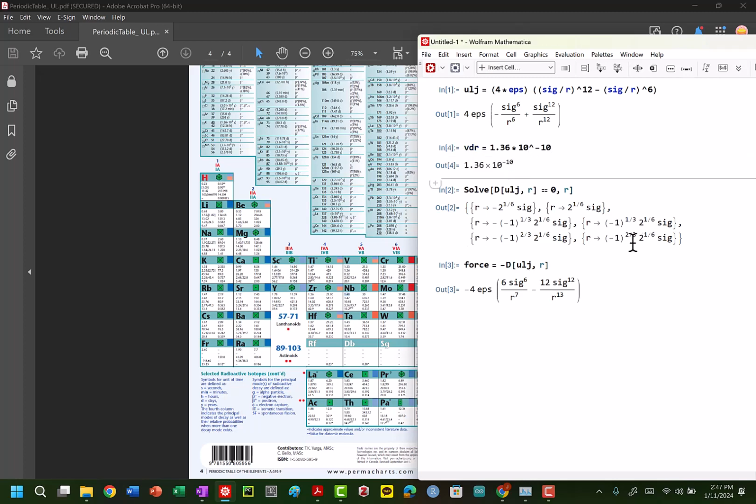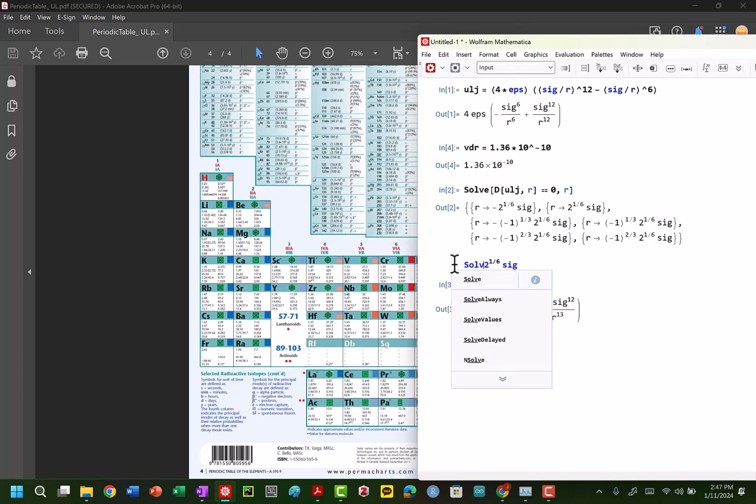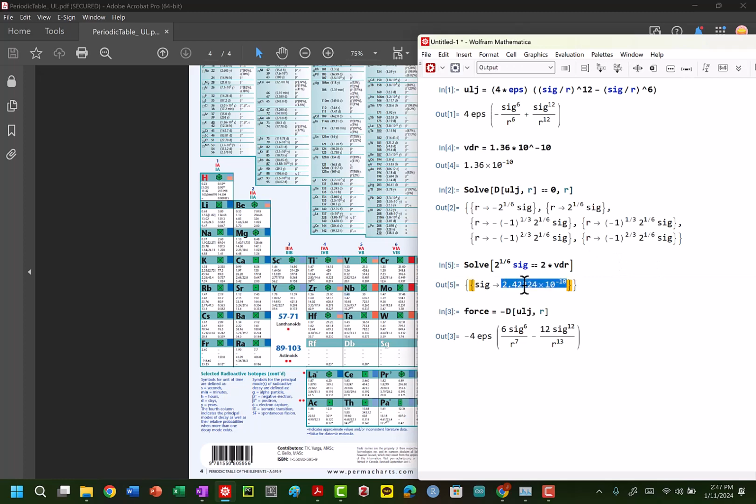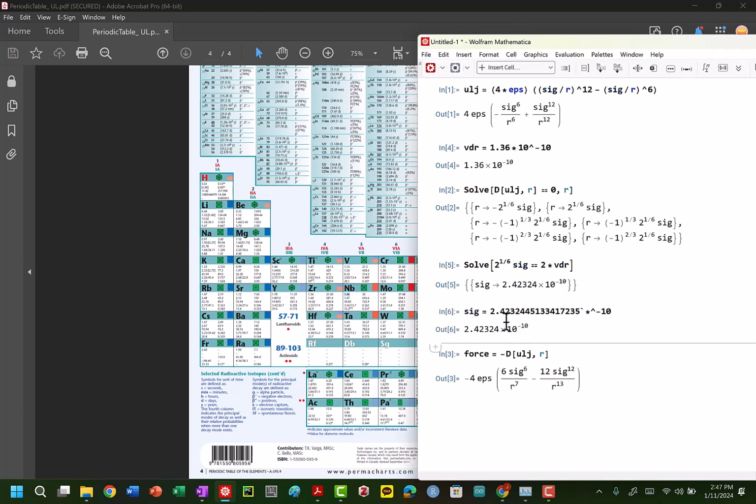If we look at these solutions, we can't have negative radii, and these are all imaginary numbers. You can do some tricks, but we're not going to. So we need to solve when this equals 2 times VDR. We'll solve it for sigma. So this is our sigma. We're setting the two equal because we know it's going to equal this value if we're approximating vanadium. Fantastic. So that's our sigma.